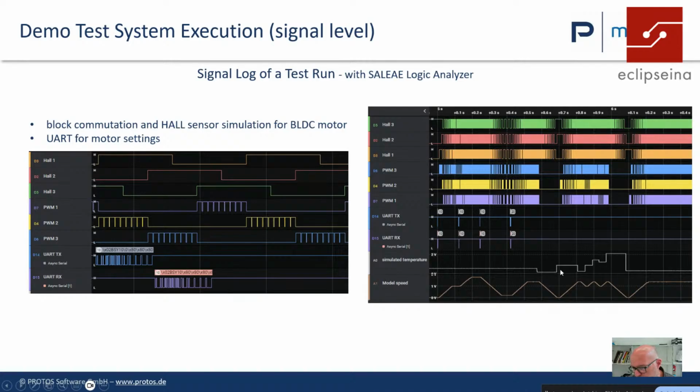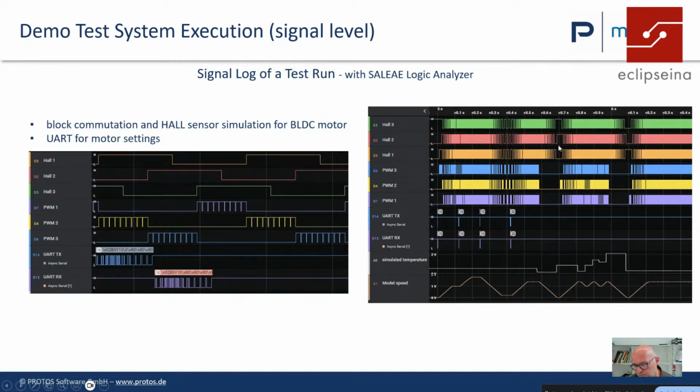So here you see, by the way, the equivalence classes of the temperature sensor and the boundary values. So for example, temperature too high, temperature too low, temperature almost too high, almost too low, and so on. Those are again the same signals, PWM and the Hall signals.